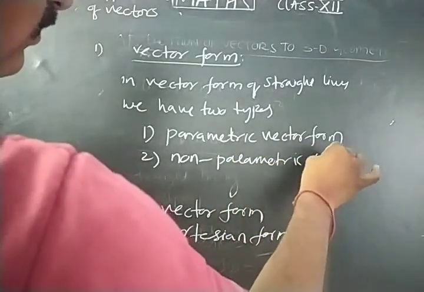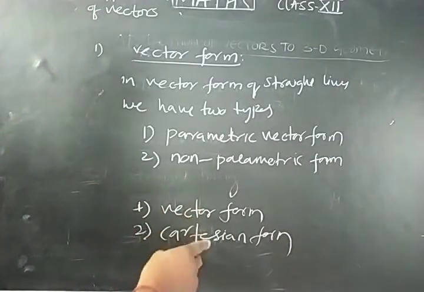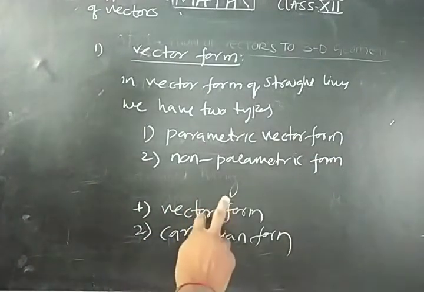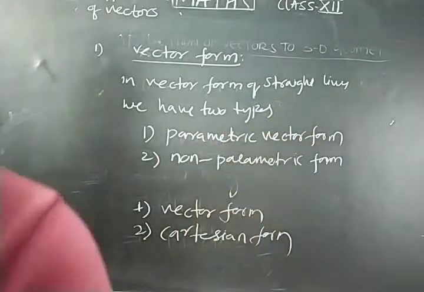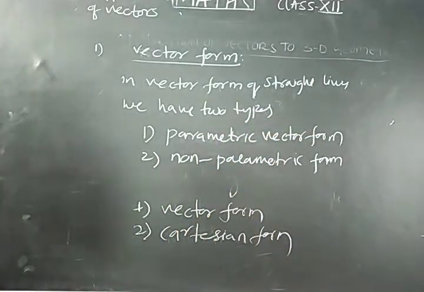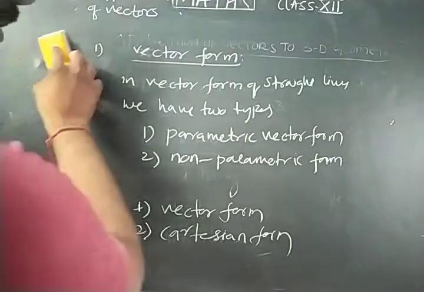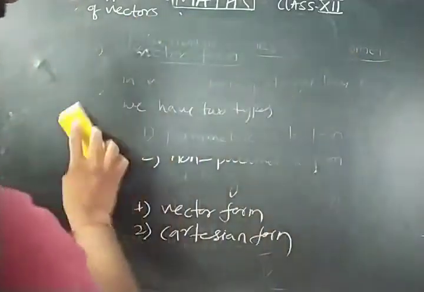Actually we can derive the line equation in two forms, vector form and Cartesian form, but in vector form we again have two types: parametric form and non-parametric form. Now let us derive the equation in parametric and non-parametric form of the straight line in vector form.